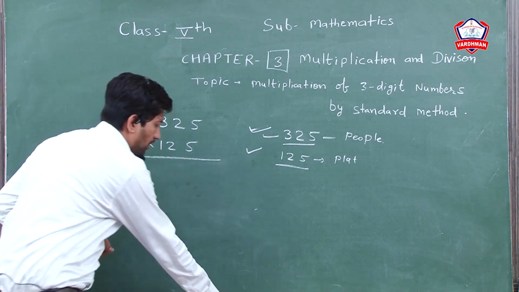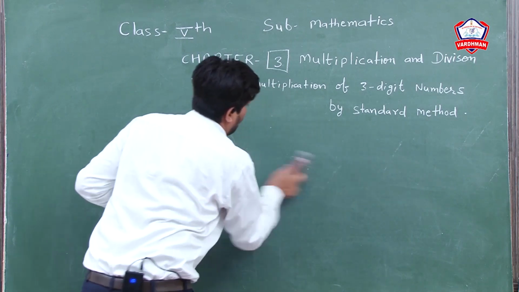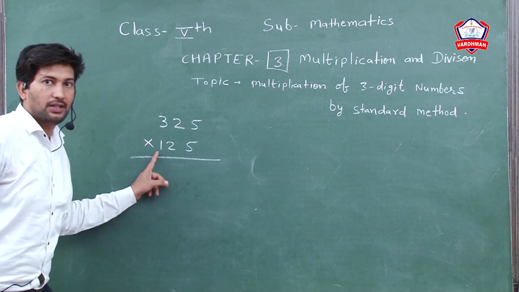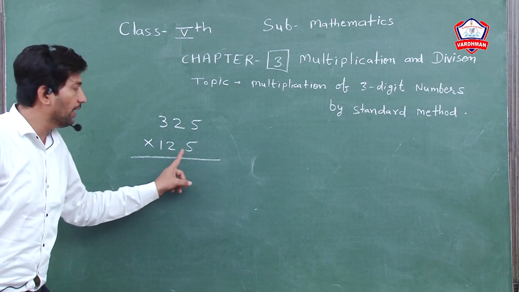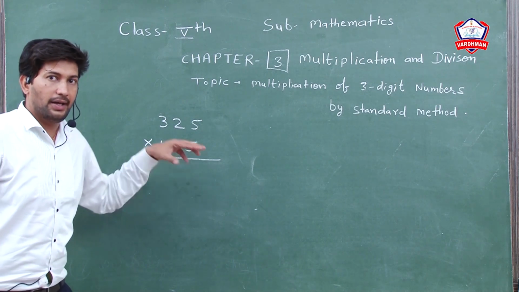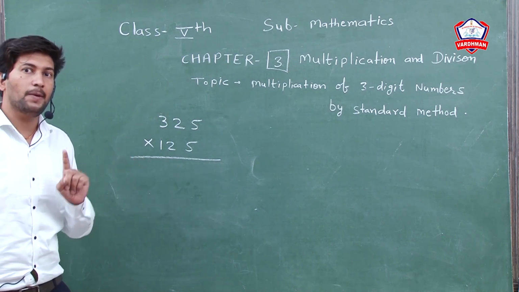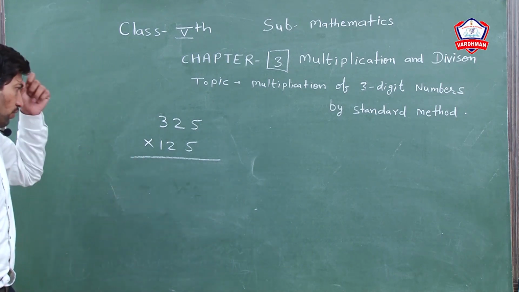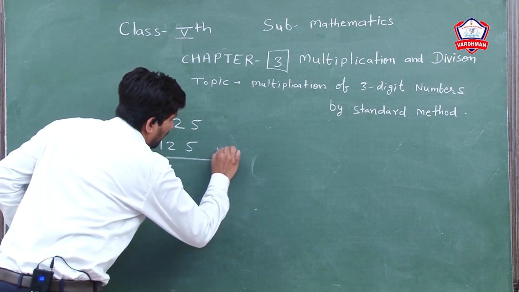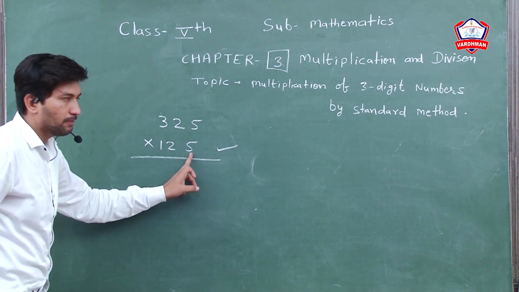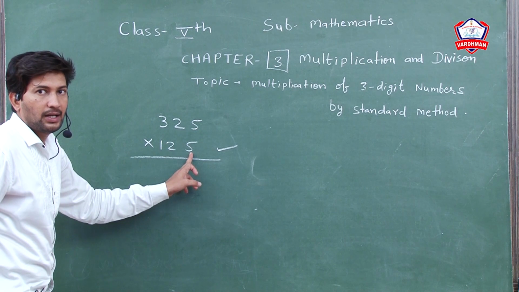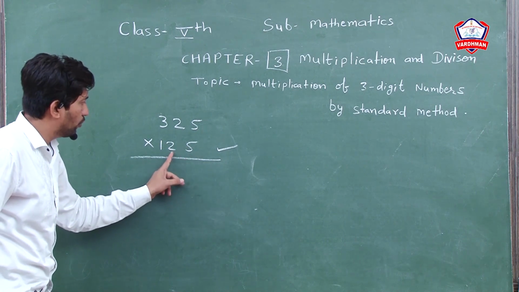Now in your standard method, you continue with the 3-digit number: 1, 2 and 3. In this chapter we will discuss 3-digit multiplication by the standard method. The multiplier has 3 digits: 1, 2 and 3.